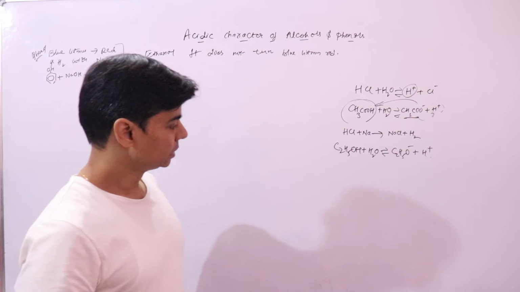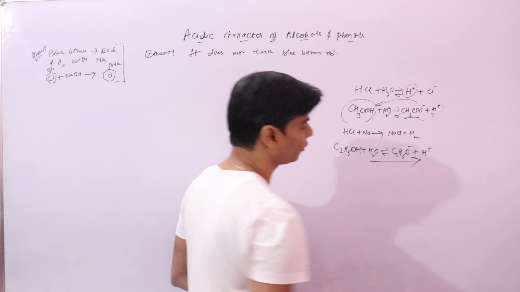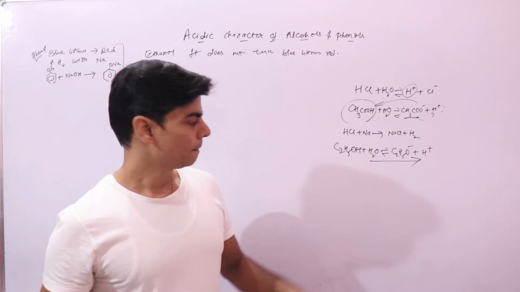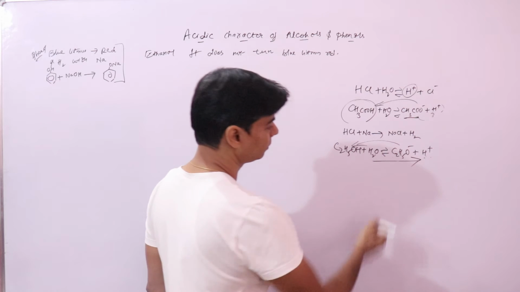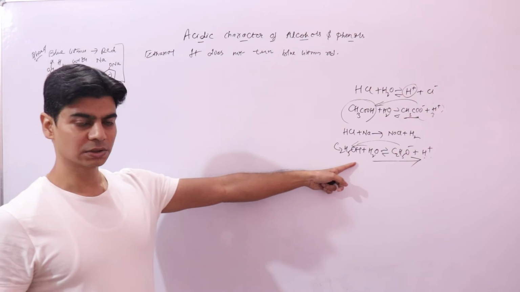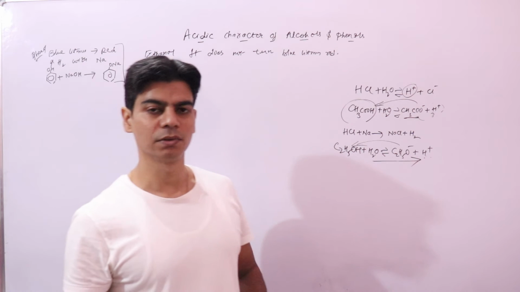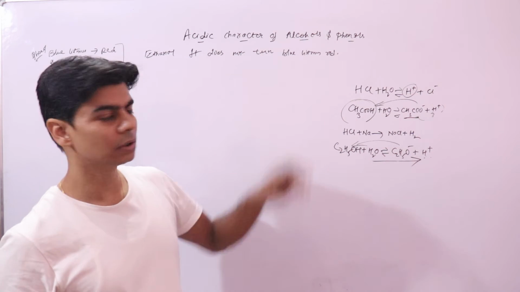That means, since it does not turn blue litmus red, this forward reaction is not favored. Due to something, these two react and give you back ethanol. Due to which it is very less acidic actually, to the extent that it does not turn blue litmus red.